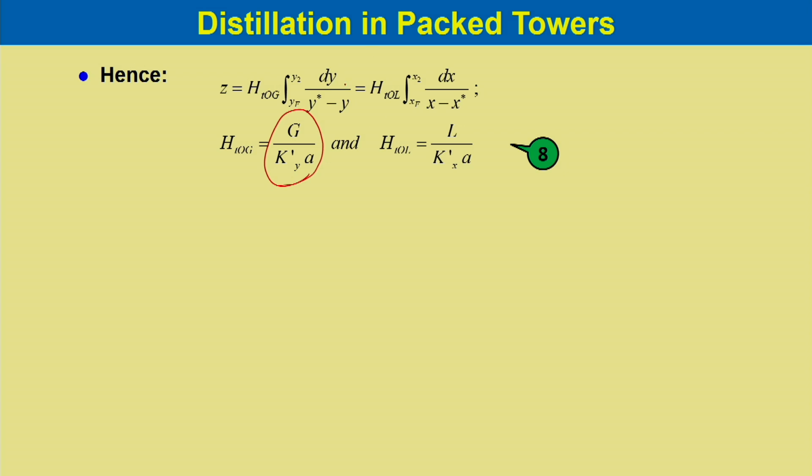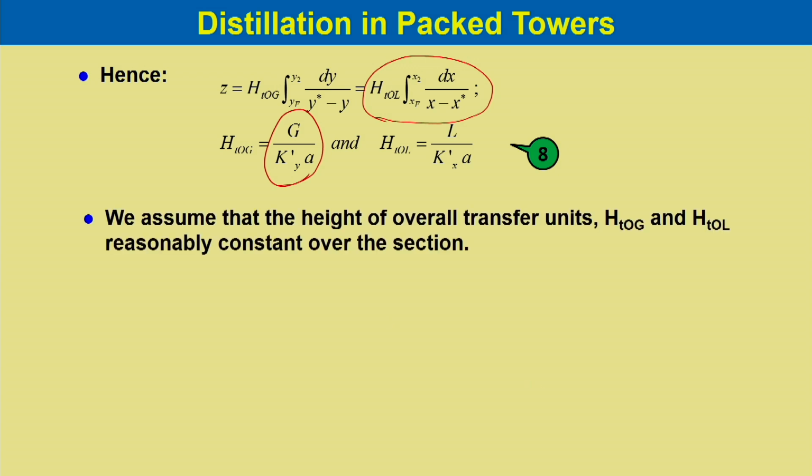This part is nothing but NTOG, and we can also write in terms of HTOL, that is HTOL is L by capital Kx dash A. We assume that the heights of the overall transfer units, that is HTOG and HTOL, are reasonably constant over the section.